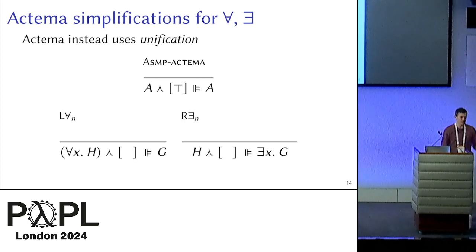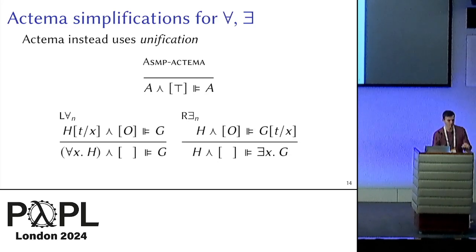When the left-hand side is a for all quantified hypothesis, or the right-hand side is an existentially quantified goal, we need to be able to plug in a specific value for this for all x H. So indeed, that's what these rules say. If we plug in a specific value t, and then can find some O, then this is also a valid simplification for all x H.